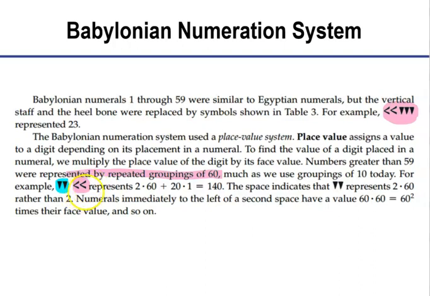Remember, those are 10 each, 20, but these are in the ones place, which is actually our Hindu-Arabic 140. So a little bit more complicated, this Babylonian system, but it also makes it easier to represent large numbers. Again, the space indicates that those 2 tick marks represent 2 times 60 rather than just 2. Numerals immediately to the left of a second space have a value of 60 times 60, which is 60 squared.